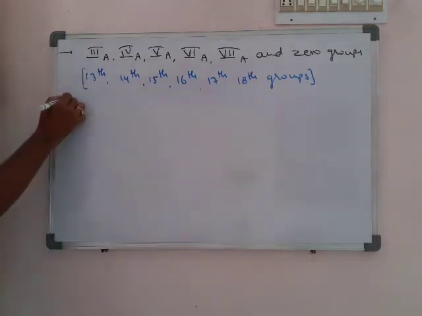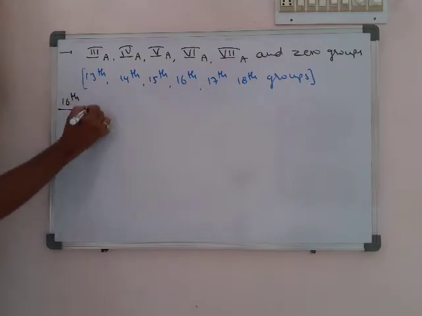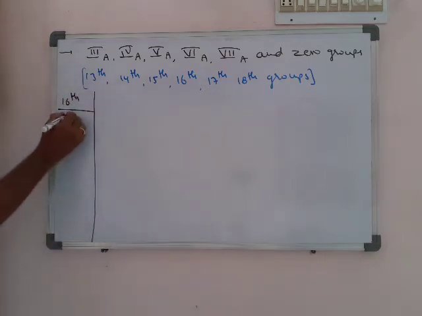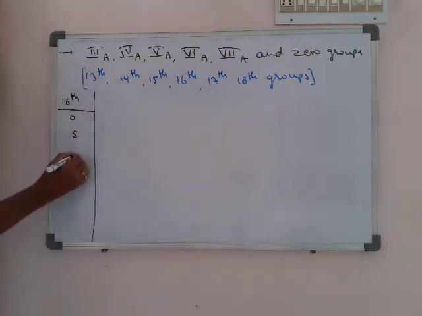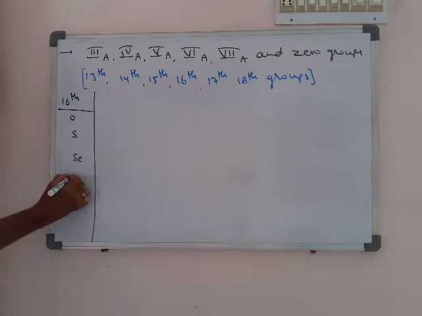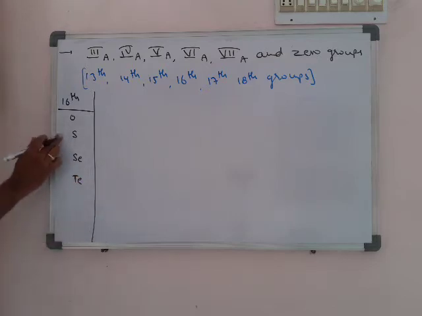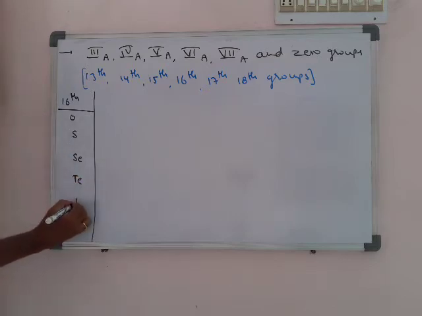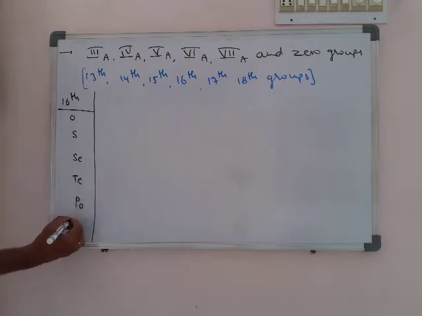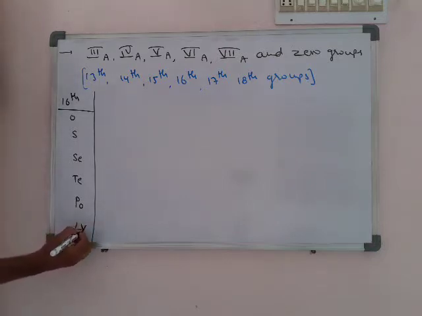Let's see the 16th group. So what are the 16th group elements? Oxygen, sulfur, selenium, tellurium, polonium, and the last element is livermorium. Livermorium, it's named after a scientist, okay.